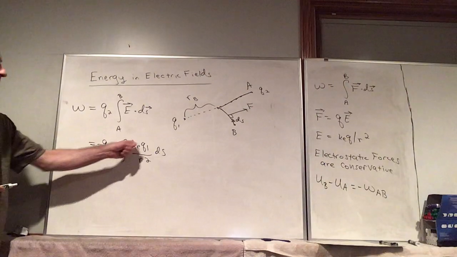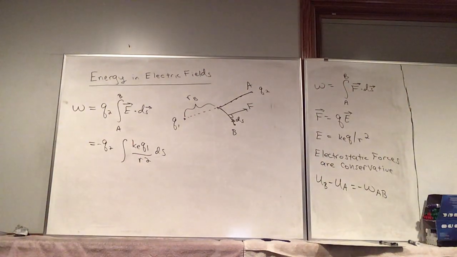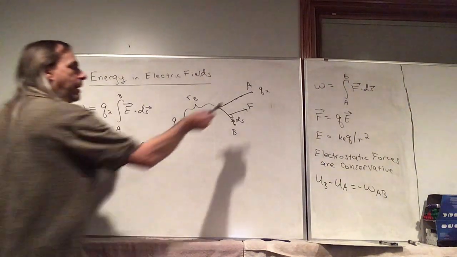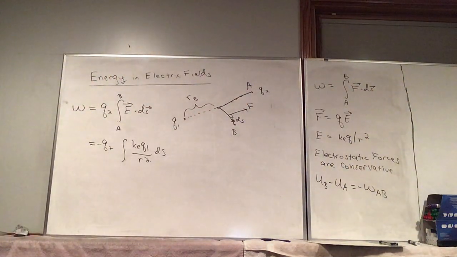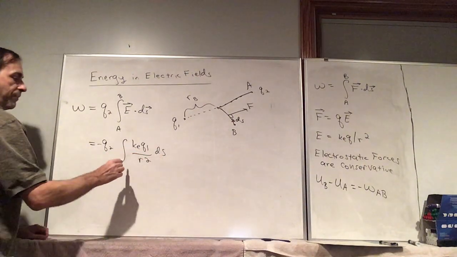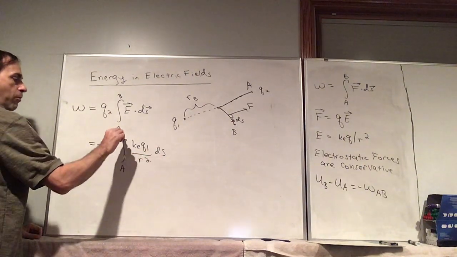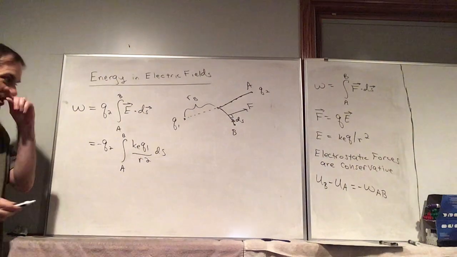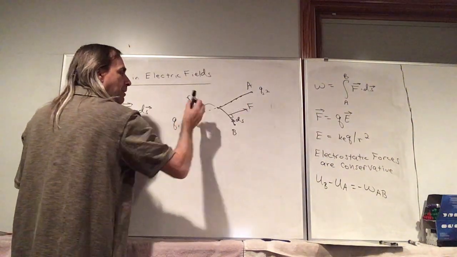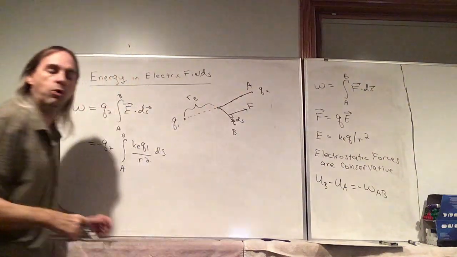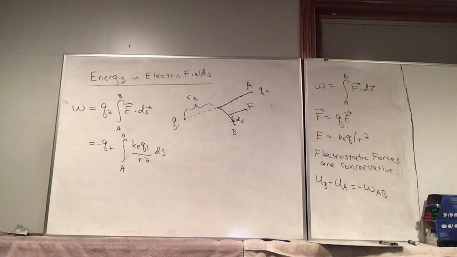And so we can take this Ke Q1 out. Now ds is in this direction. However, let's convert this to an integral over dr. So again, we're still going from point A to point B. So yeah, this displacement is always towards Q1, where the r vector, or dr, is always radially outwards.